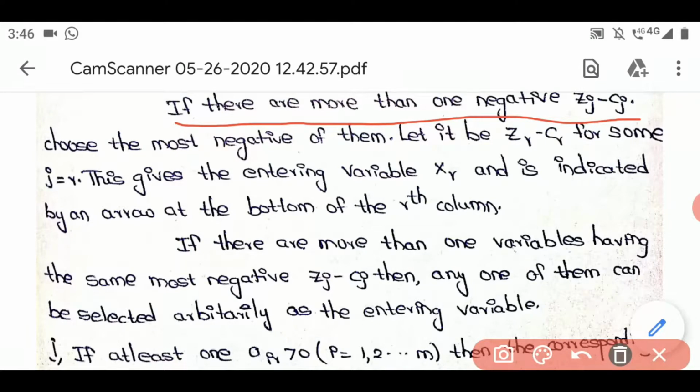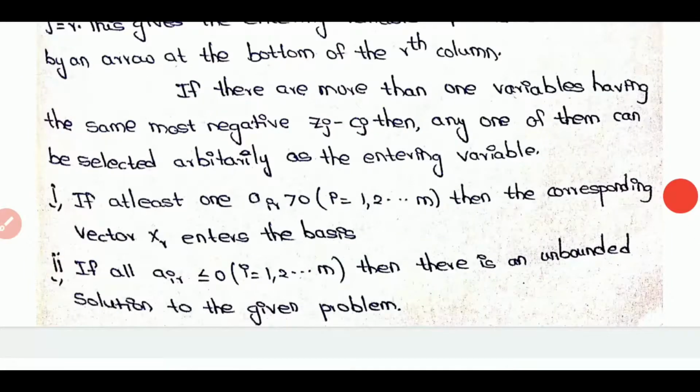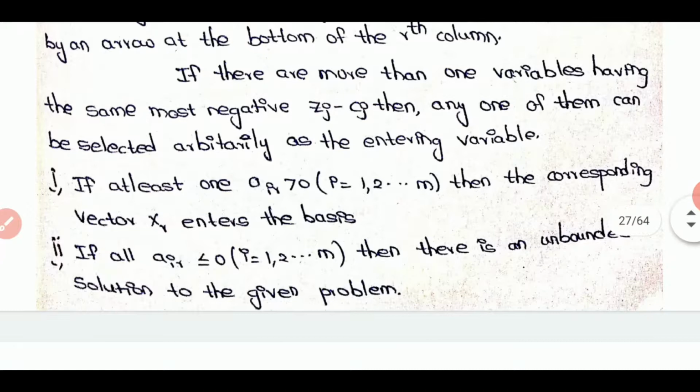If there is one negative zj minus cj, then we will find out the entering column and leaving variable. Okay, this is the step we follow. If there is more than one variable having the same most negative zj minus cj, then any one of them can be selected arbitrarily as the entering variable.